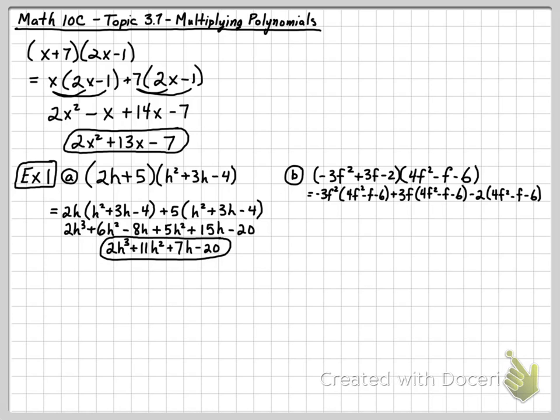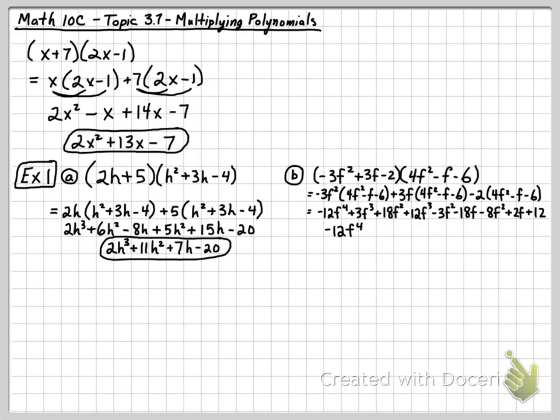Now to expand all this and simplify it, you're going to get negative 12f to the fourth plus, because negative times negative is positive, 3f cubed plus 18f squared, and plus 12f to the third minus 3f squared minus 18f, and then we have negative 8f squared plus 2f plus 12.